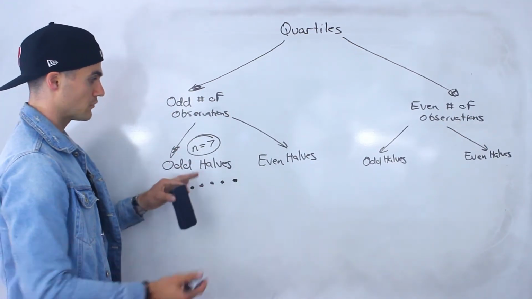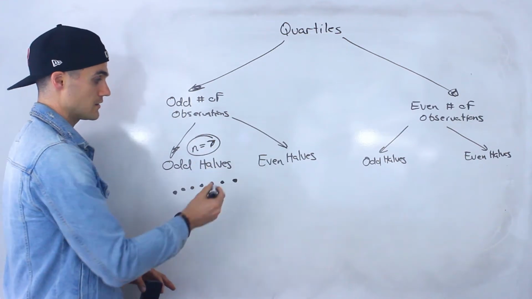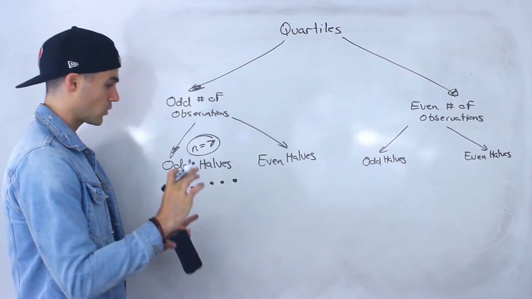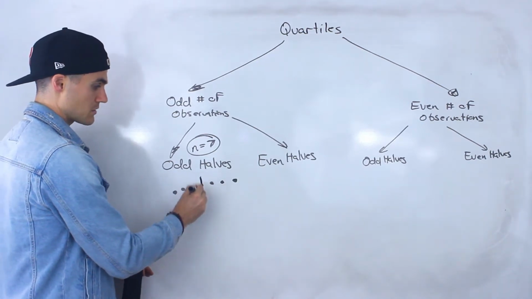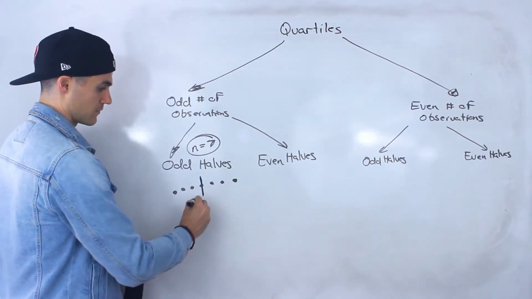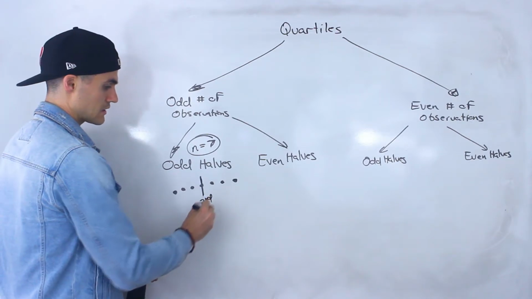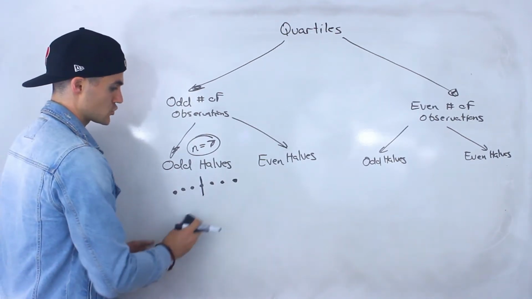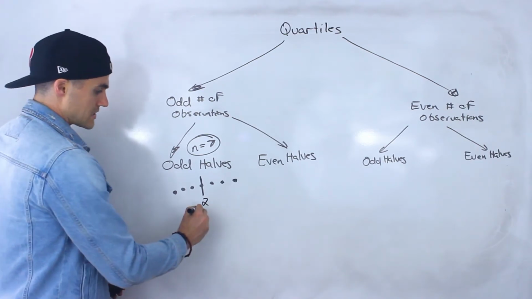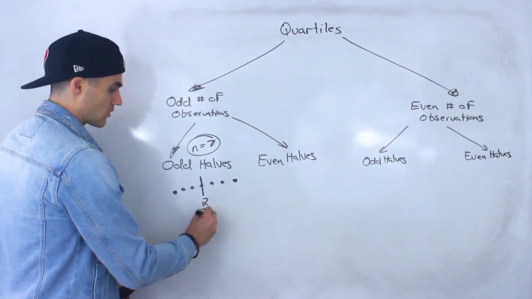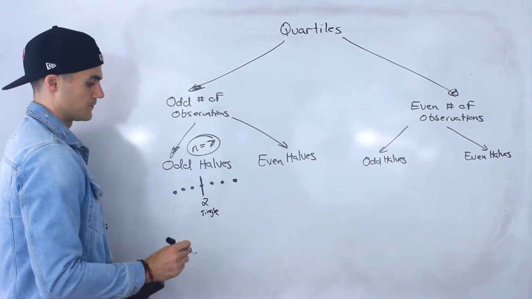Remember, if there's an odd number of observations, which 7 is odd, then the median, the second quartile, is just going to be a single value, the single middle value, which is going to be this one right here. So that's going to be the second quartile. Let's actually just put a 2 there to represent it. And notice that that is a single value.